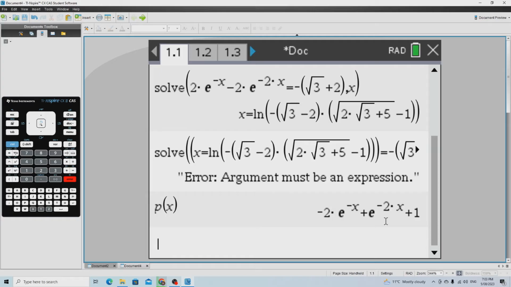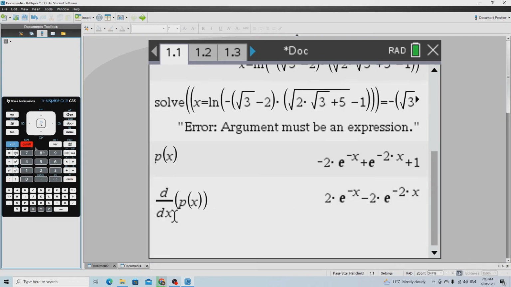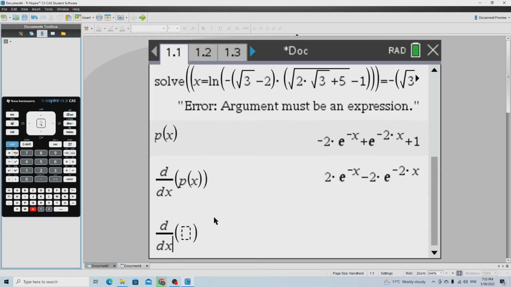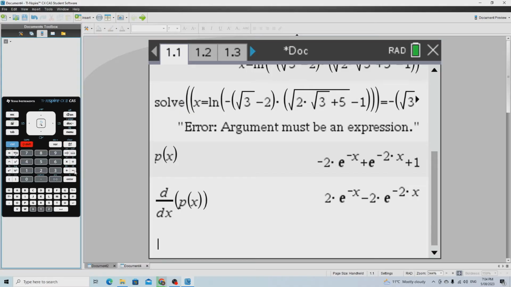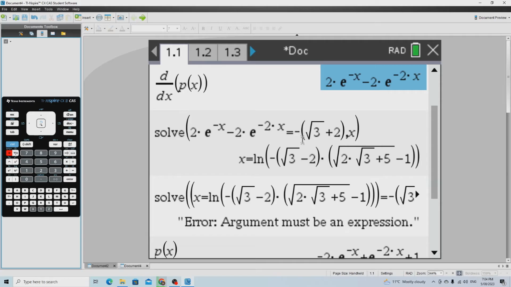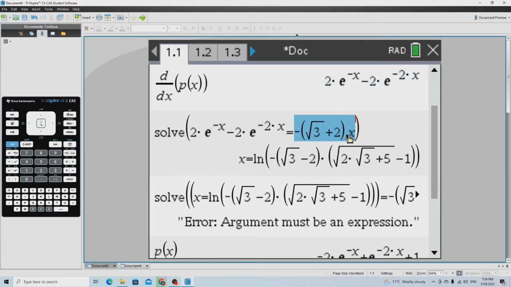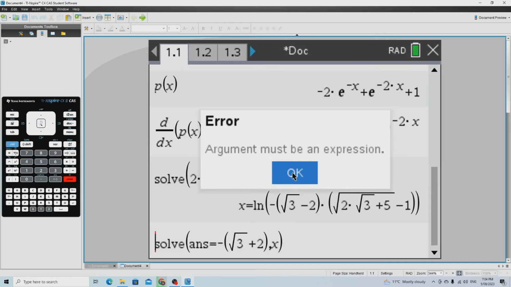We're saying we want to let it equal to 0. Why does it not let me? So find the derivative of P of X. And we want to solve, so solve answer equals this, comma X. And still, argument must be an expression.